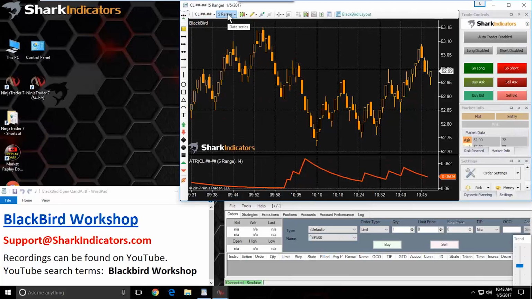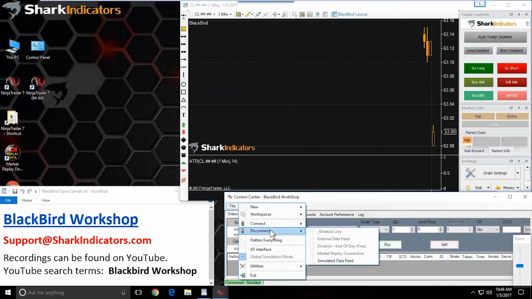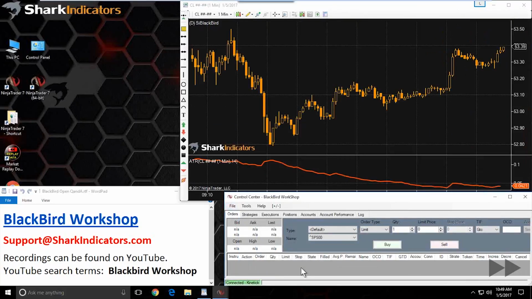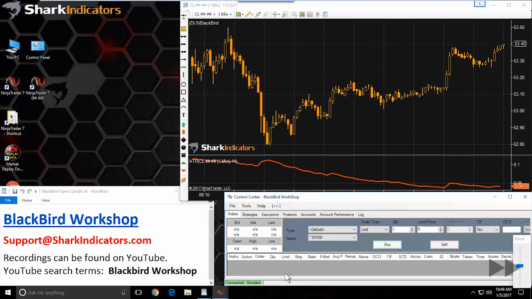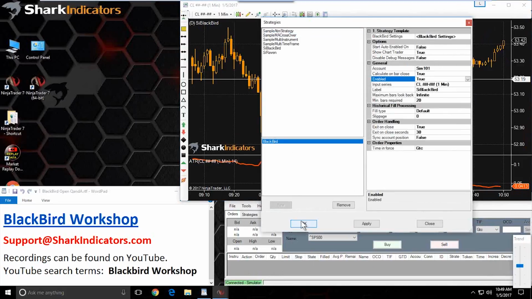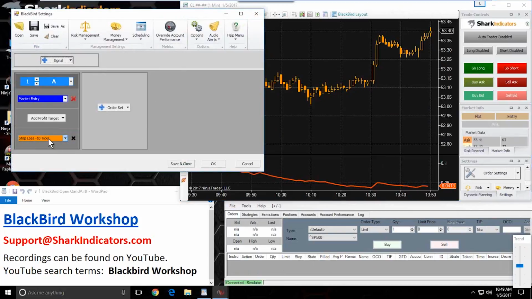Yes, the ATR doesn't work very well on range bars, so let's change this to a minute. And oh shoot, that's right, I'm on sim data here. Darn it. All right, just a moment here. I need to get some minute data loaded. Okay, there we go. Let's get BlackBird going again.